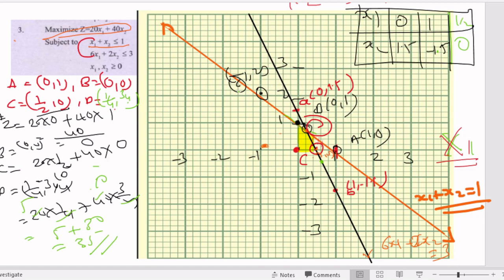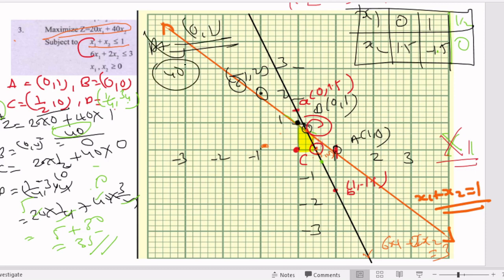So at which position do we have the maximum value? I hope you have figured it out already. At 0, 1, that is at A, we have 40, which is the maximum value. So what is the solution? At 0, 1, your answer should be at 0, 1, the maximum value of this equation, which is 40.